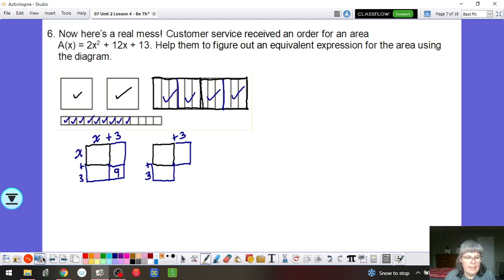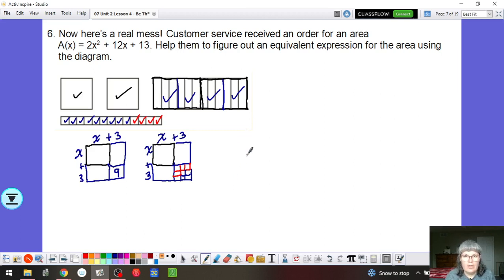But we only had 4 left to complete the other. Well, if I completed this square so that it is a complete x plus 3 times x plus 3, I would end up with 5 other unit squares. But we don't have those unit squares.